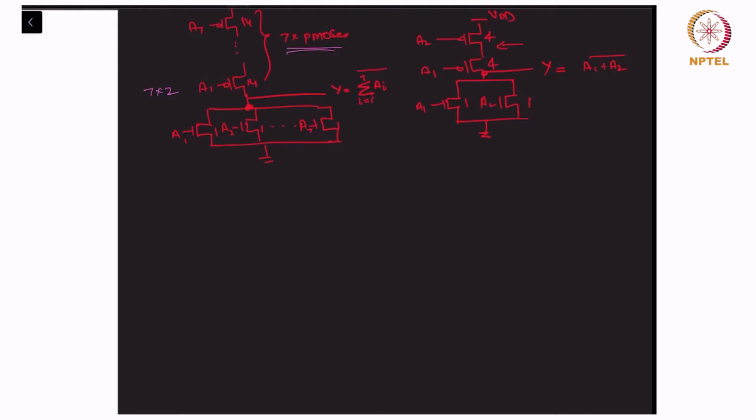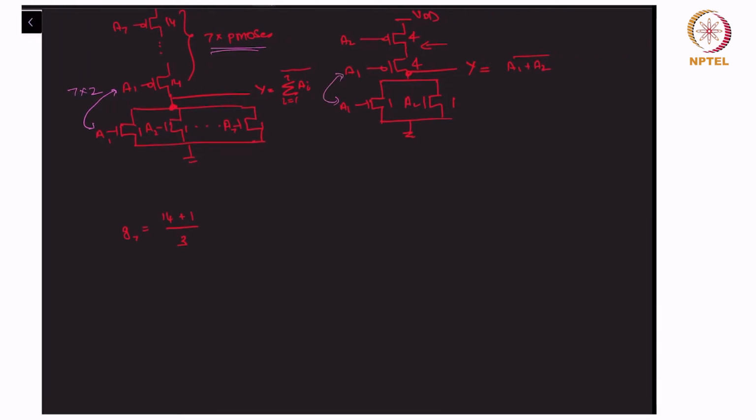The gate capacitance here would be 14 plus 1 on, let's say, the A1 divided by the reference capacitance, which is 3. This is G7.